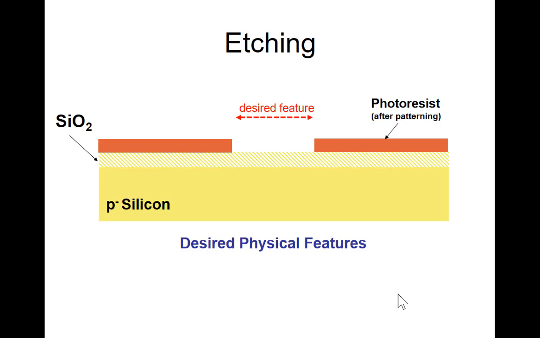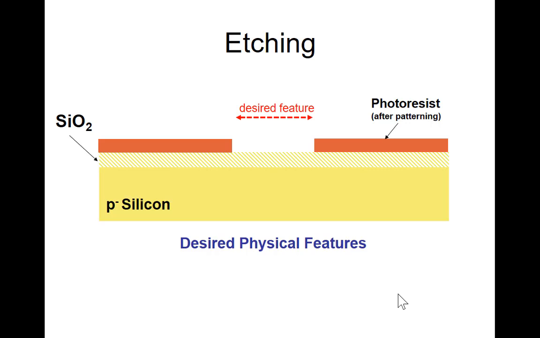Then you put a mask on top, and you shine ultraviolet light to expose some of the photoresist. After the exposure, you process it, and the photoresist on this part will stay to protect this part that you don't want etched. Similarly here, if just this part is exposed by the light, then you can take it away.